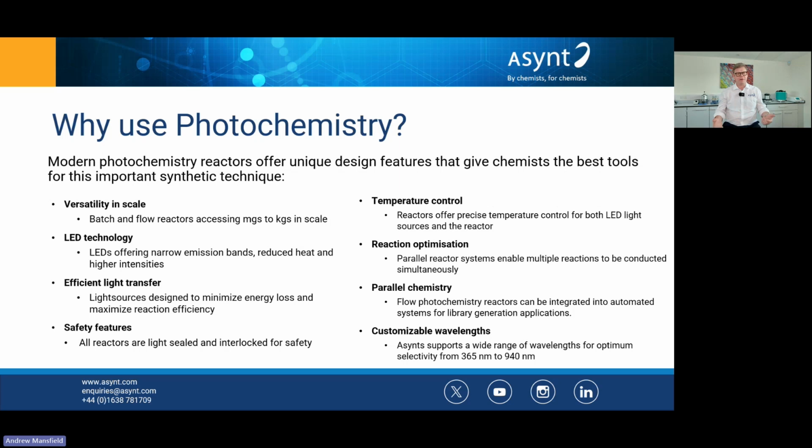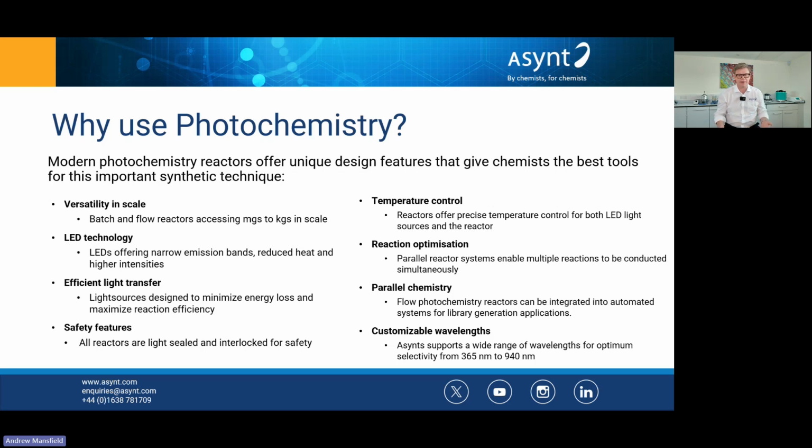We have increased safety features, so we have interlocks and fully light enclosed reactors. When we're using high intensity, lower wavelength light sources, this is really key to protect us, because that ionizing energy can be quite harmful. We can have precise temperature control, so we can separate the heat produced from our light source from our reactor, and that's really key for selectivity.